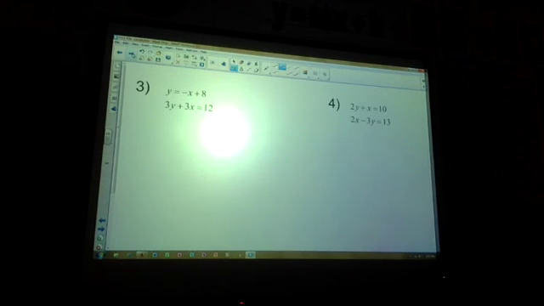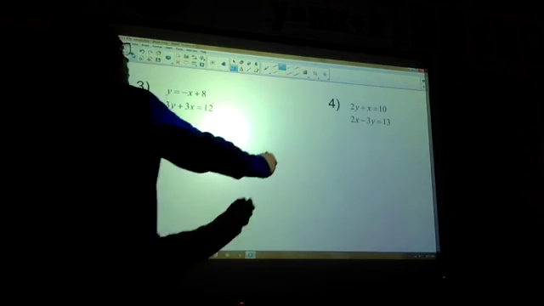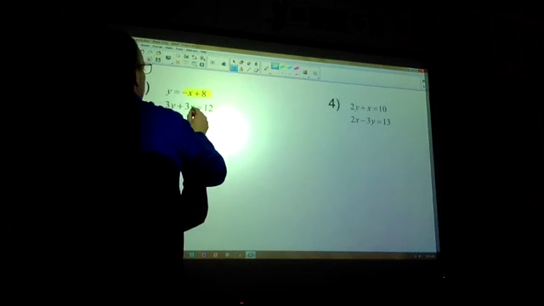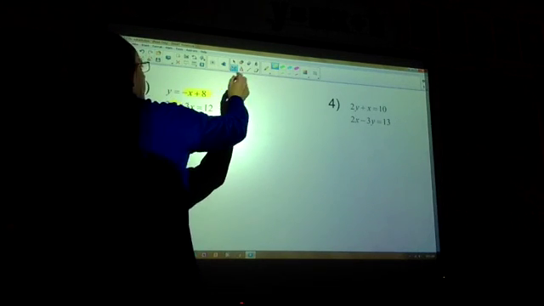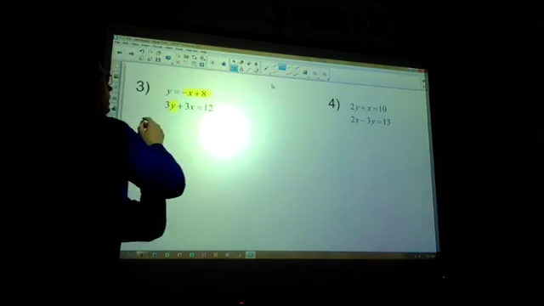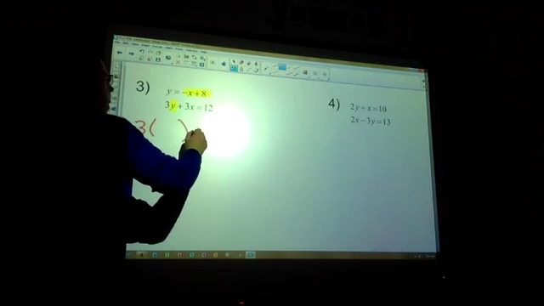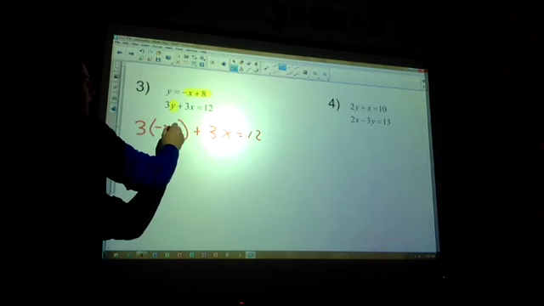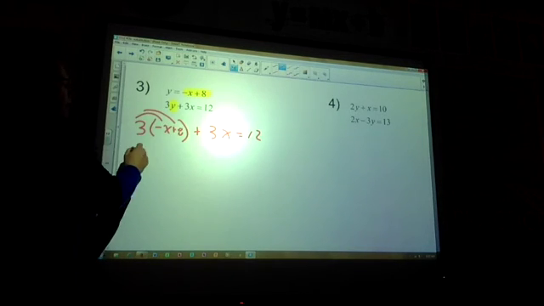All right, number 3. What should I do? Plug the y in. So, again, my highlighter, plug that in right there. So I get 3 parentheses plus 3x equals 12. I'm going to plug negative x plus 8 in. Distribute here and here.